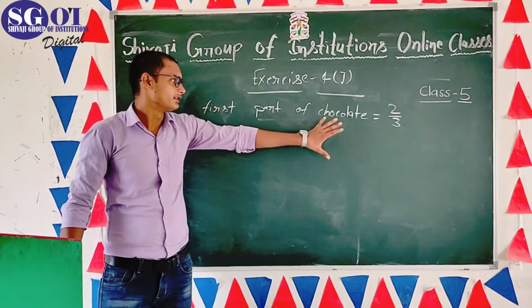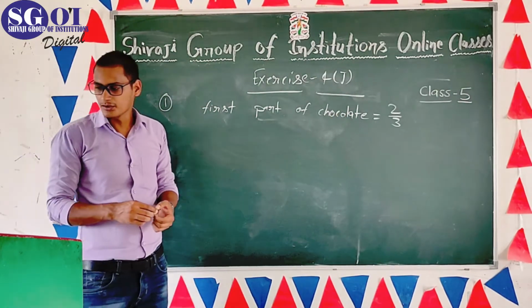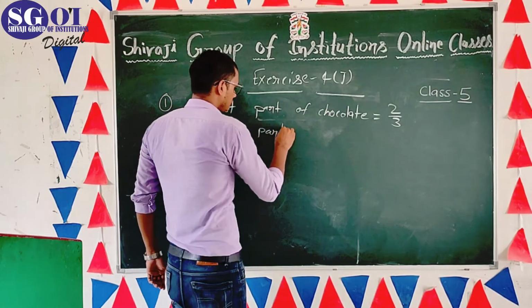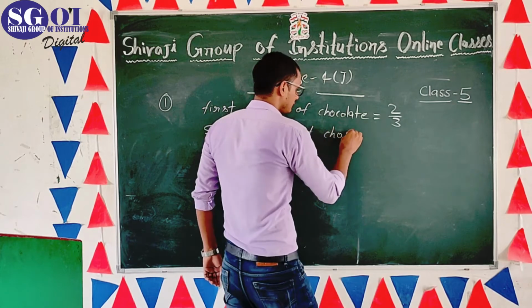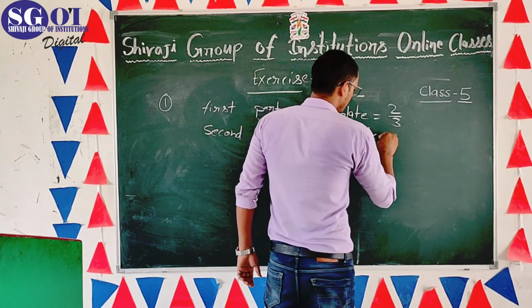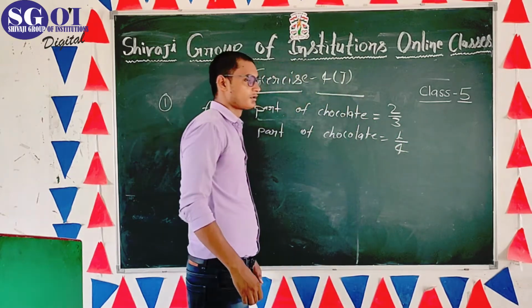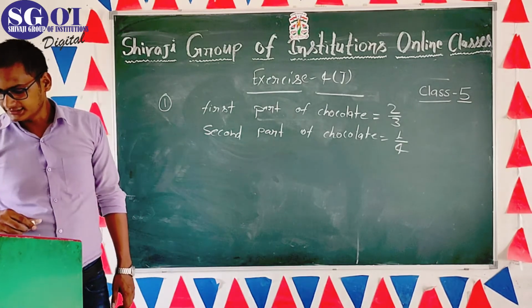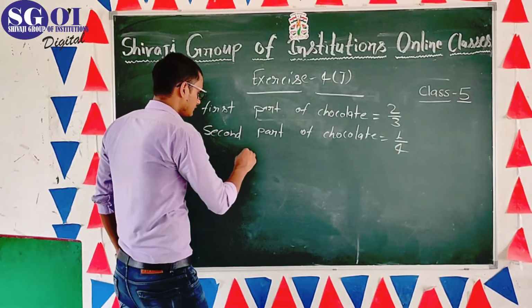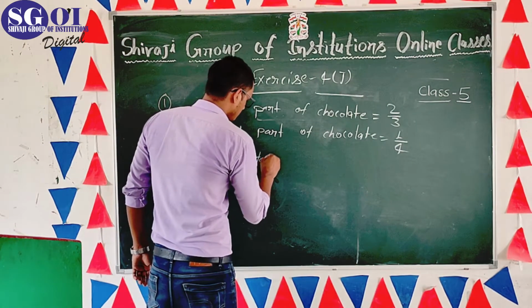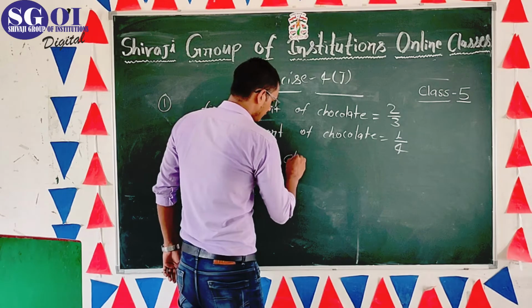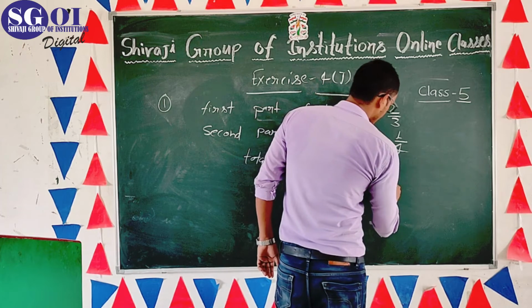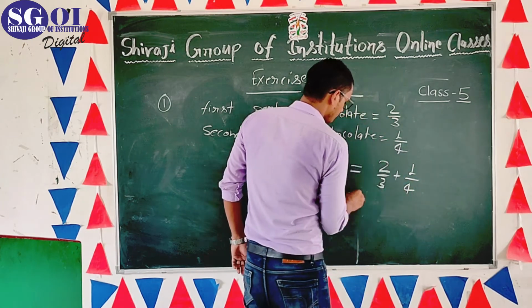Second part of chocolate is equal to 1 upon 4. Now we have to find what portion of the chocolate they ate together. Means total chocolate is equal to 2 upon 3 plus 1 upon 4.